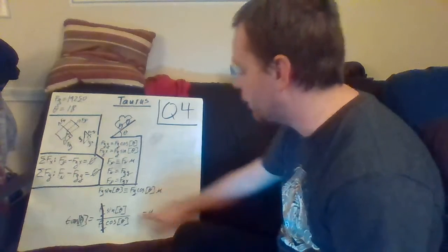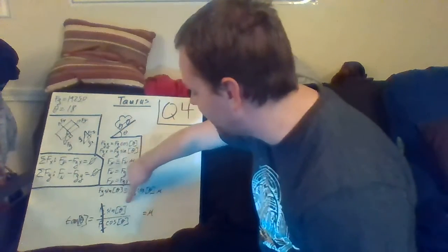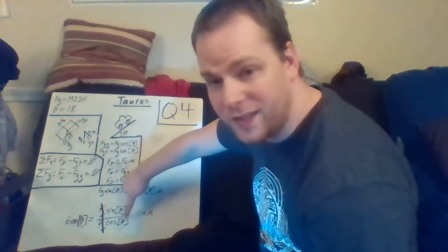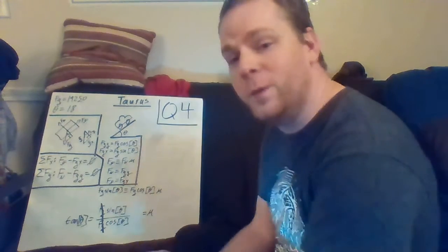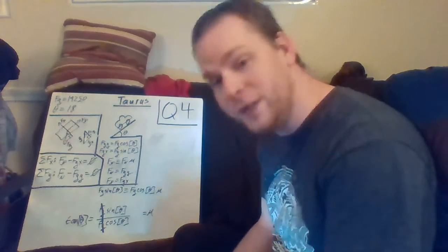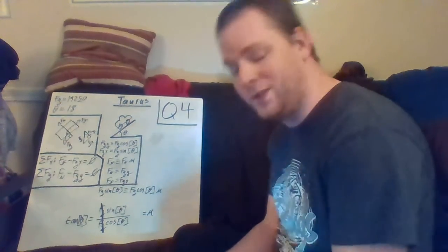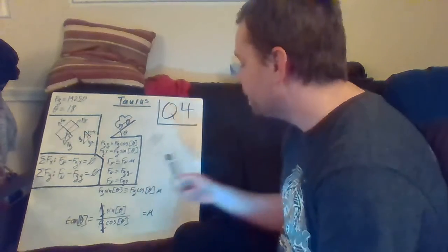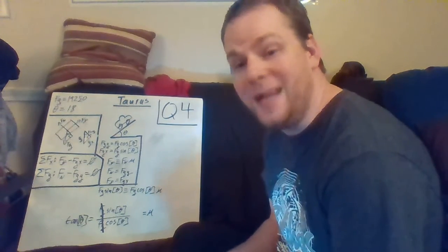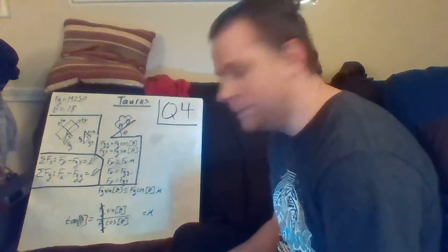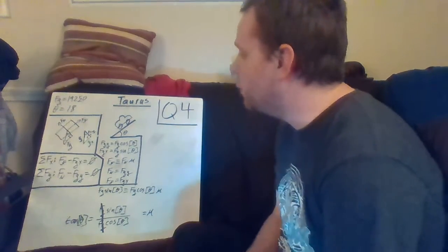We solve this for the coefficient of friction. We get Fg sine theta over Fg cosine theta. Fg divides out, and the sine of theta over the cosine of theta is the tangent of theta. So if you are a risk taker, you could determine mu by just taking the tangent of 18. So that's how you would do this one.